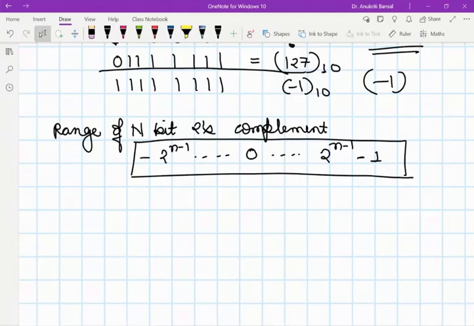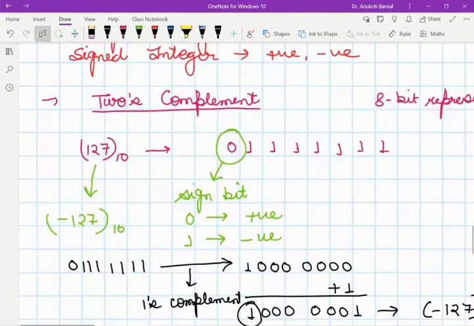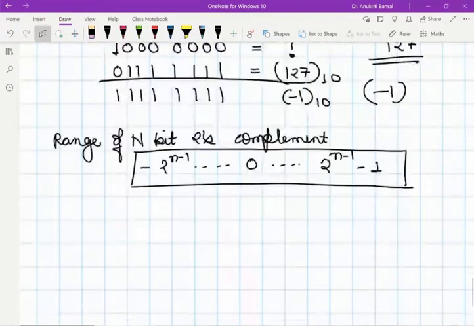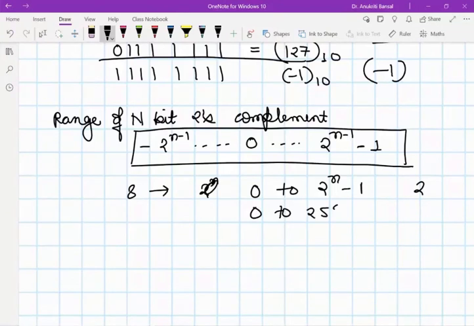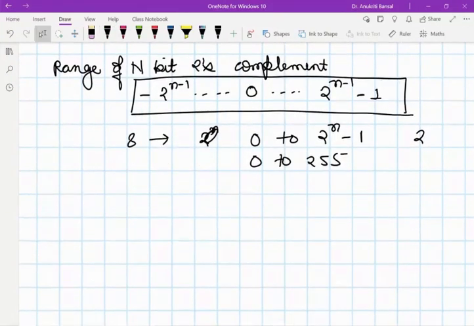Ma'am, on this last one, range of n bit. रेंज ऑफ n बिट था ना कि हमारे पास में हाफ है. अगर हमारे पास में 8 बिट्स हैं, if we are only considering positive numbers, then this is the range, 0 to 2 raised to power n minus 1. अब हमारे पास पॉजिटिव नंबर्स भी हैं, नेगेटिव नंबर्स भी हैं. ठीक है, तो अब इसमें कितना होगा, 0 to 255 8 बिट्स में. अब मेरे को इसको हाफ करना है.